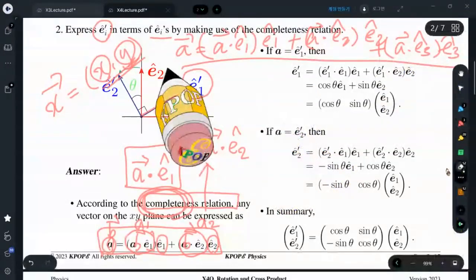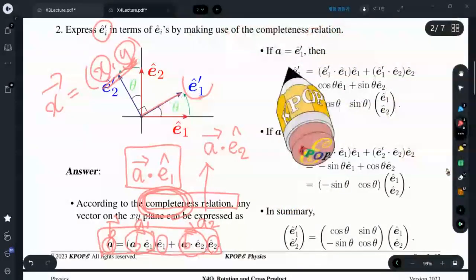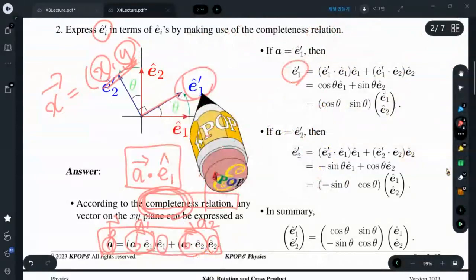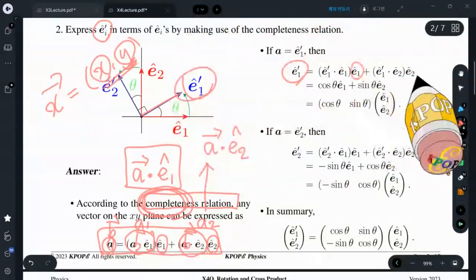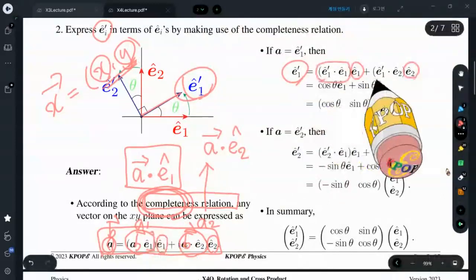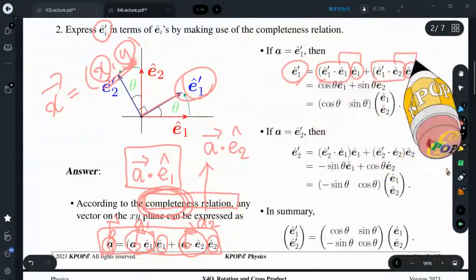Anyway, applying this completeness relation, E1 prime in here is a linear combination of E1 and E2. What are the coefficients? They are scalar products with E1 and E2.